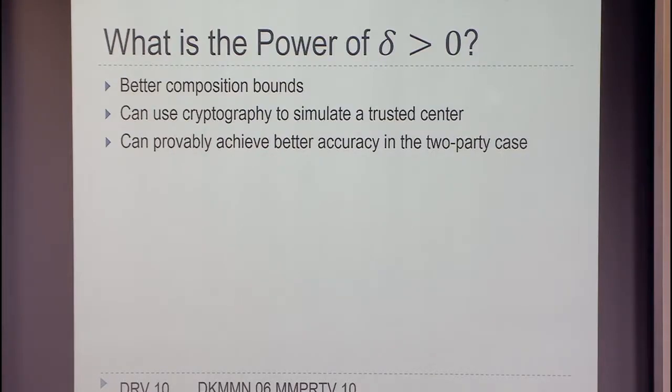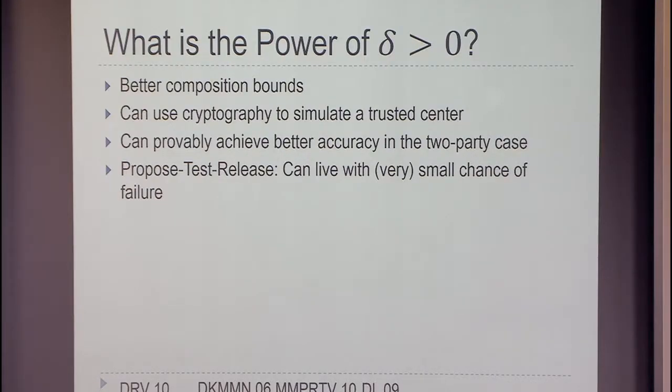You can prove that in the two-party case for differential privacy, which has to be defined, but basically one party has a value A and the other one has a value B, and they're trying to compute some function of A and B. You can prove that cryptography lets you provably achieve better accuracy in the two-party case, or rather epsilon delta gives you better accuracy than epsilon 0.